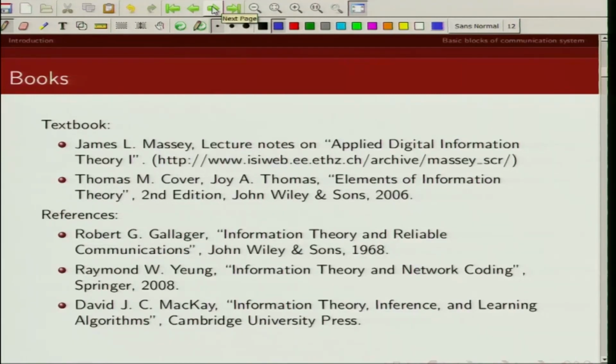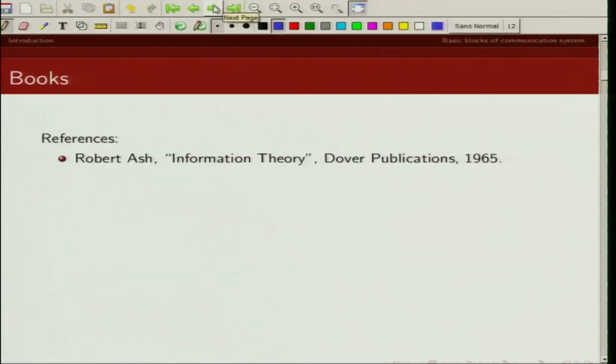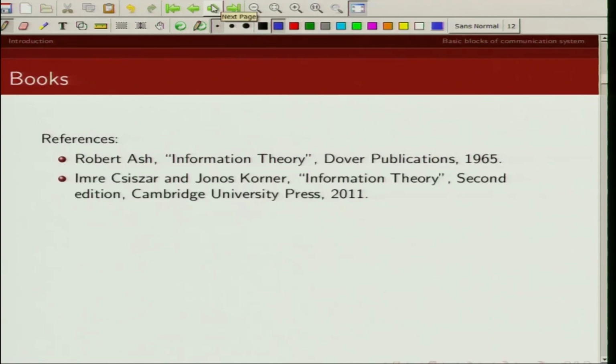Again, this book is very easy to read and very nice. An old classic on information theory is the book by Professor Robert Ash. This does not cover all the topics that we will be covering in this course, but whatever topics it covers, it presents it in very nice fashion.